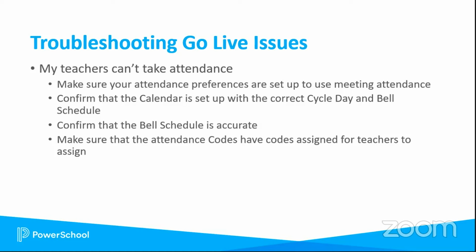And confirm that the bell schedule has the right periods in it. And the other piece is make sure that attendance codes have the codes assigned for teachers to assign to students. You have a large attendance code list, and you have to designate which ones you would allow the teacher to assign on your attendance code list.